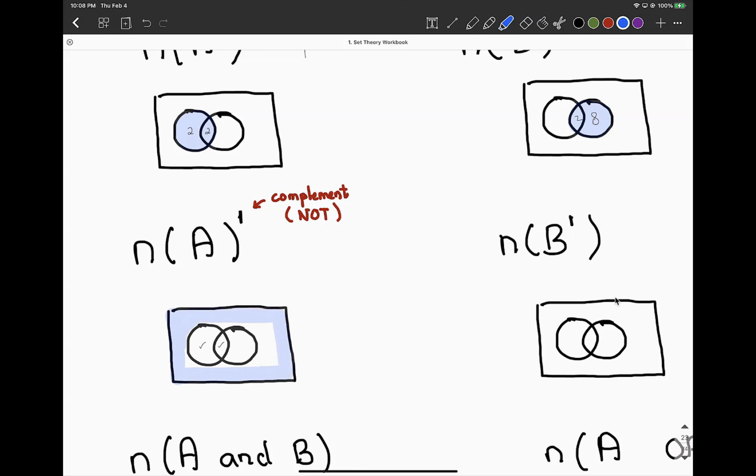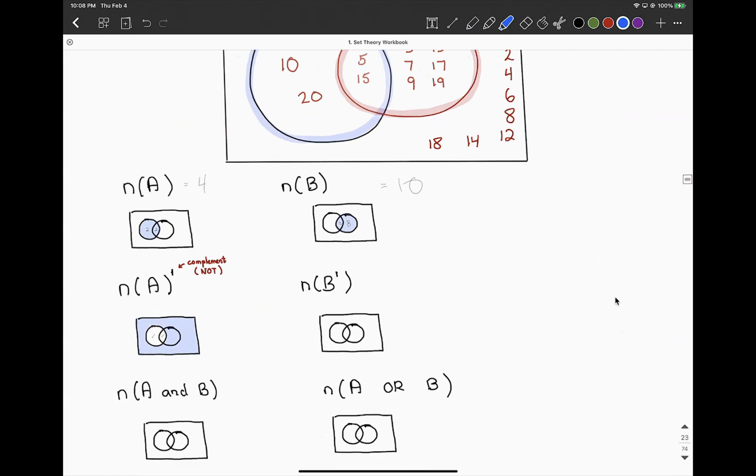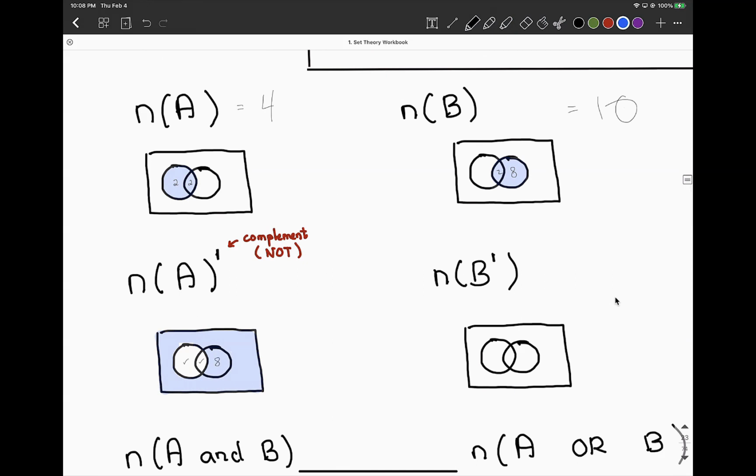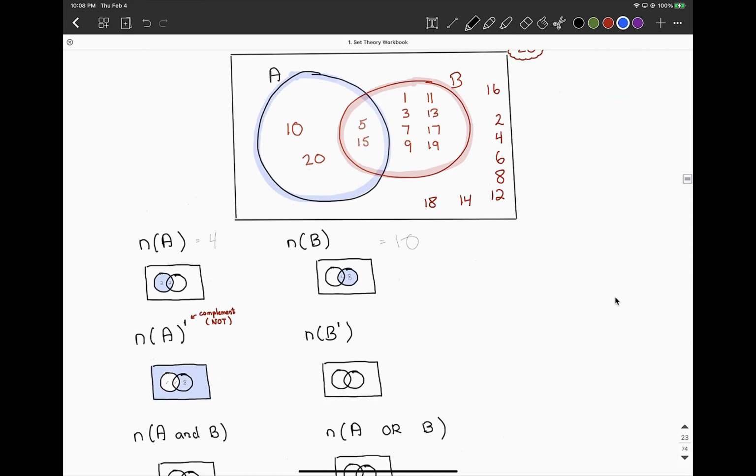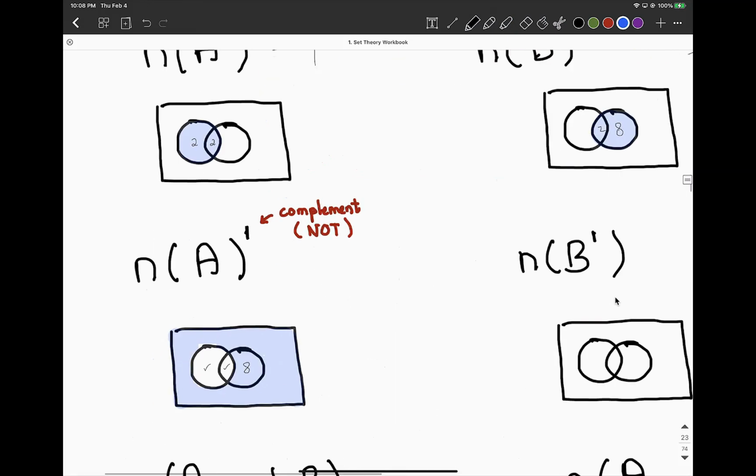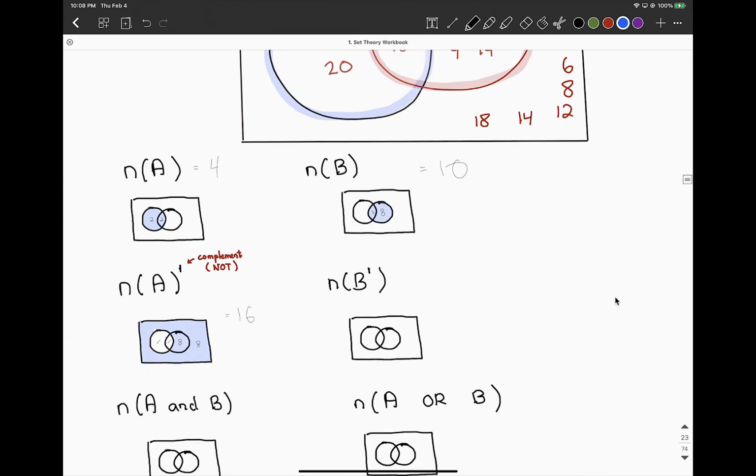Not only are we going to accept the whole universe, because all that stuff is not in A, but we're also going to accept a little bit of set B, especially the part that's not in A. There's an entire huge amount of this diagram that is not within A. That means I would be taking these 8 and 1, 2, 3, 4, 5, 6, 7, 8 that are on the outside, and I would get a grand total of 16 things that are not in A.